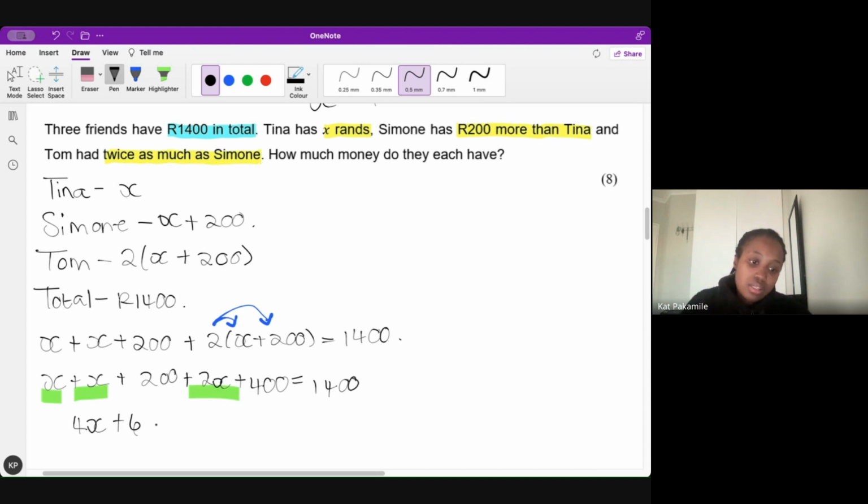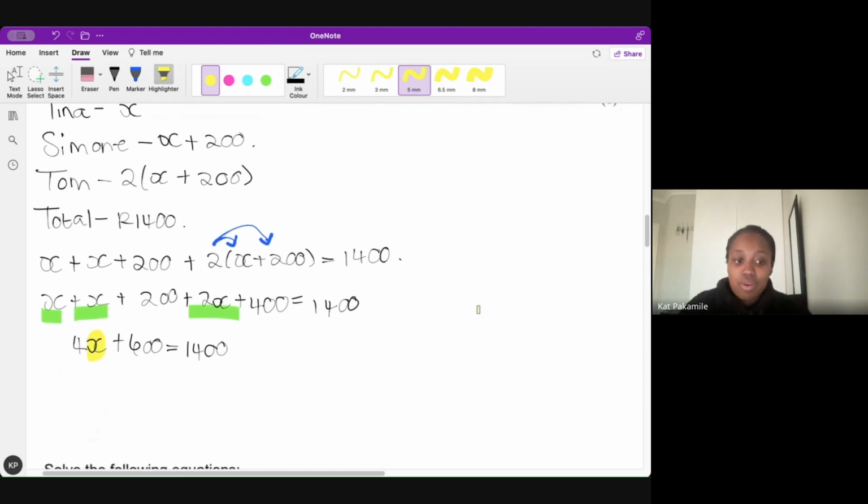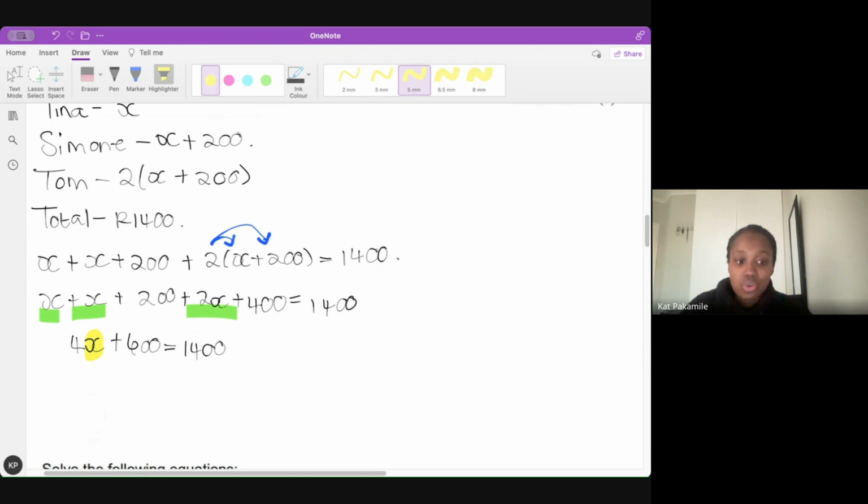That is 600 equals 1,400. Now, if we're going to solve for x, we need to get this x on its own. What is the first thing we're going to get rid of on my left-hand side to get x on its own? There are two things on the left that we're going to have to get rid of. What is the first one? That is the 600. Beautiful.